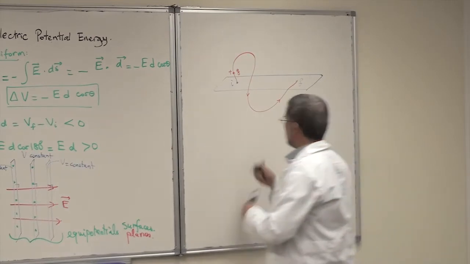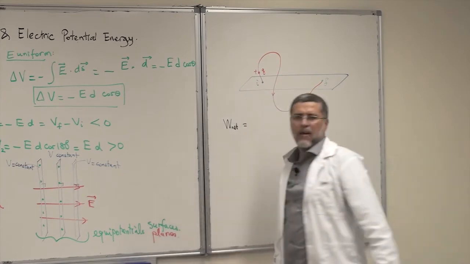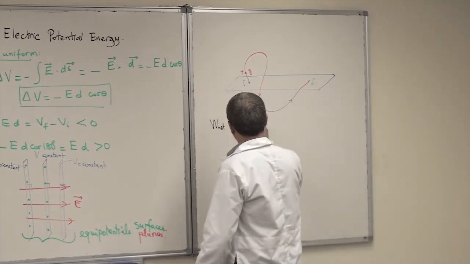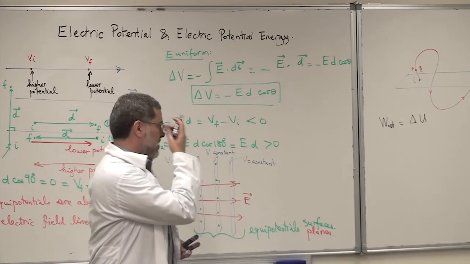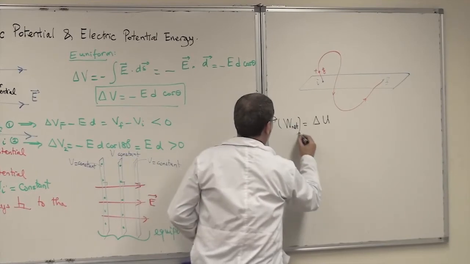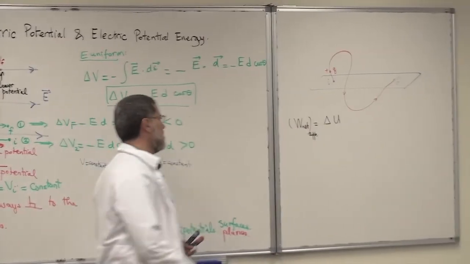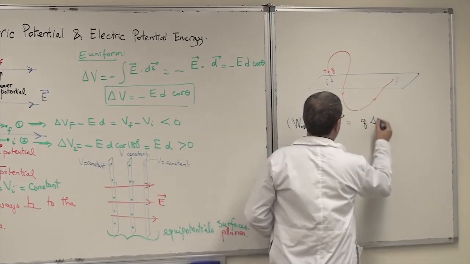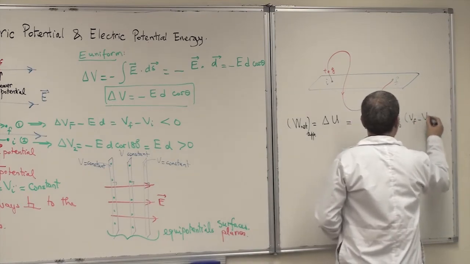What is my net work done by me to move it from I to F? The net work is equal to the change in potential energy. I'm moving the charge, and this is equal to delta U, which is Q delta V. So it will be Q times V final minus V initial.